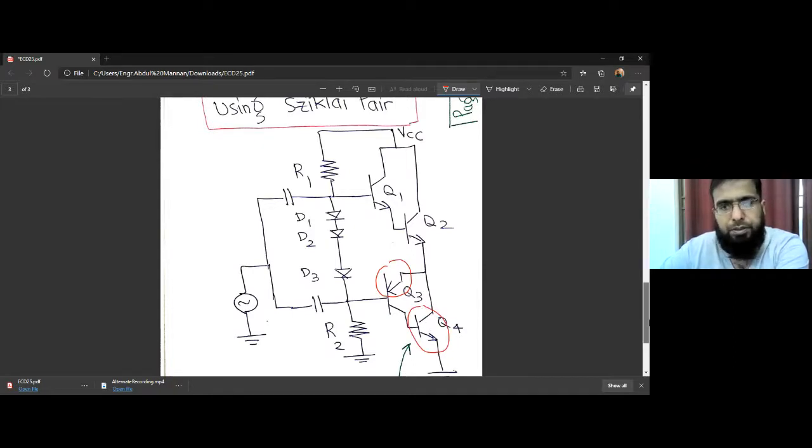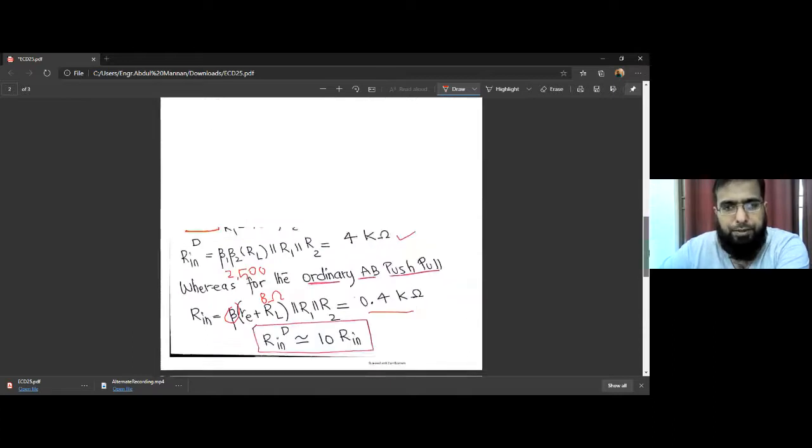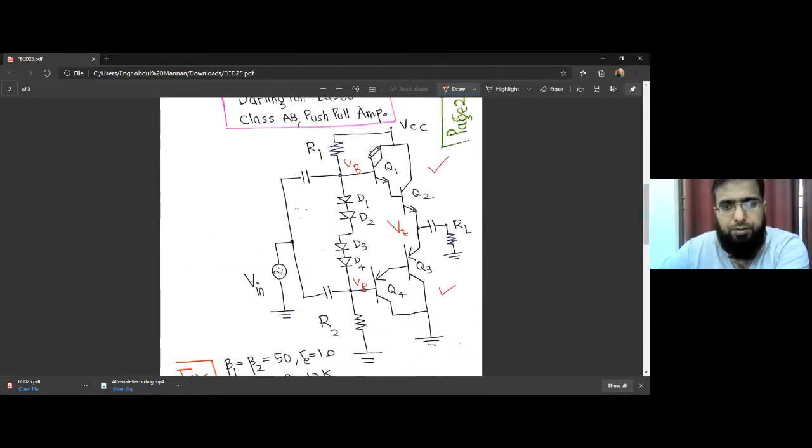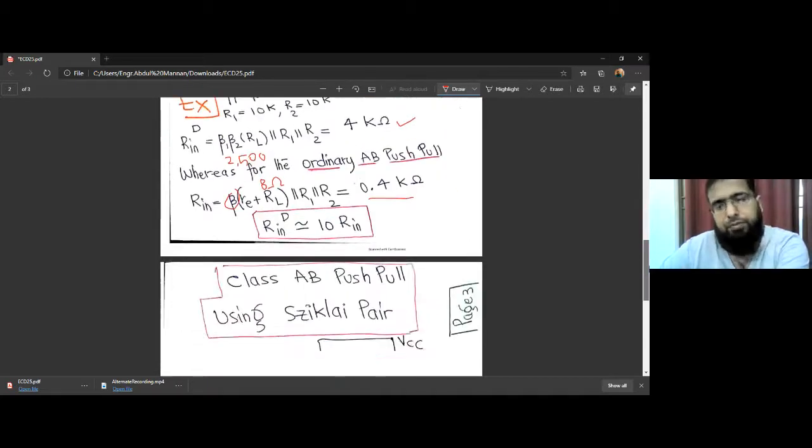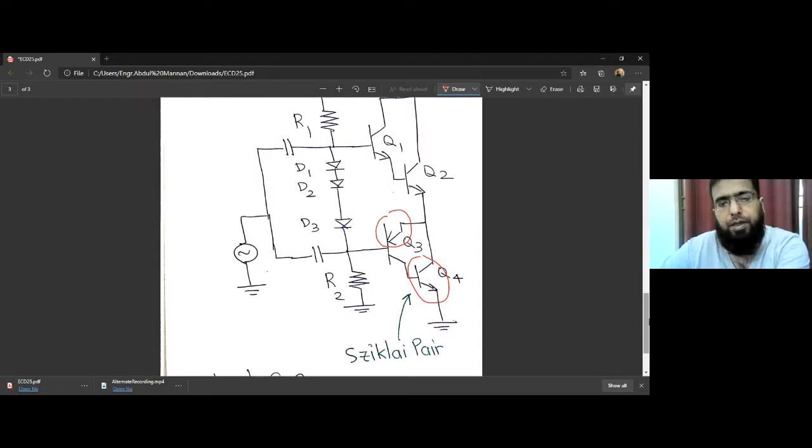In our previous case, that was not the case. For this Darlington pair, we have both NPN transistors. For this Darlington pair, we have both PNP transistors. So this is a PNP Darlington transistor and this is an NPN Darlington transistor. But for the Ziegler pair, we have one PNP and one NPN transistor.